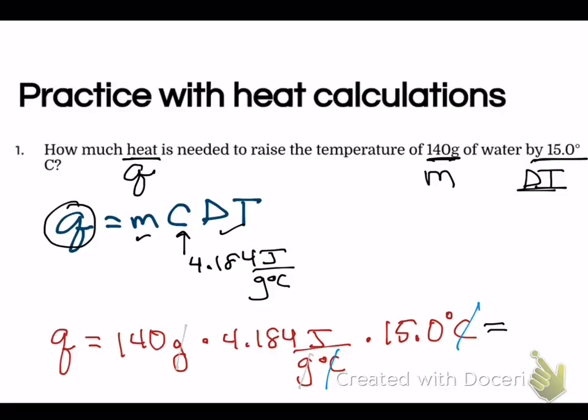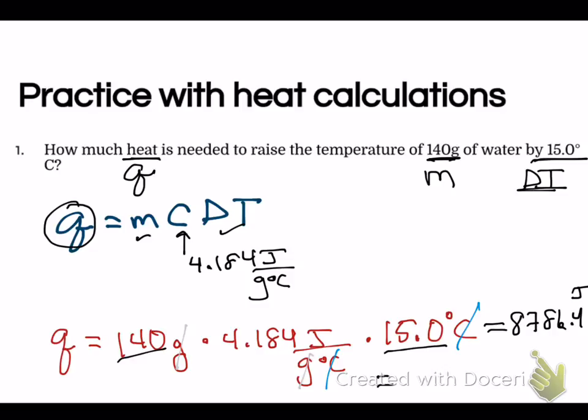Okay, so here the answer from my calculator is 8786.4, and that's joules. When I look at my data, though, I got 3 significant digits there, and I only have 2 in my mass. So that means I can only report 2 significant figures in my answer.